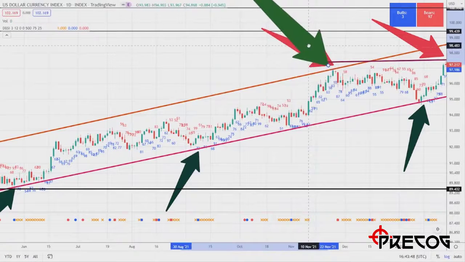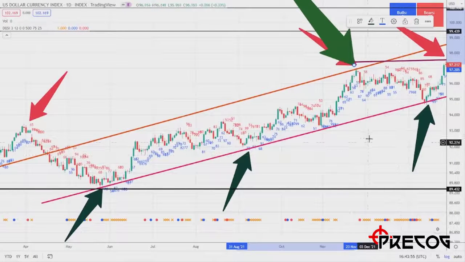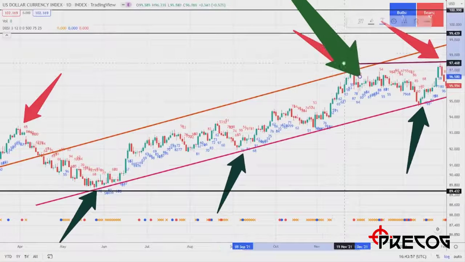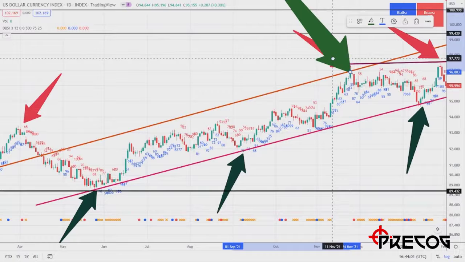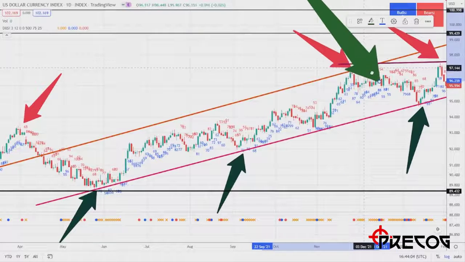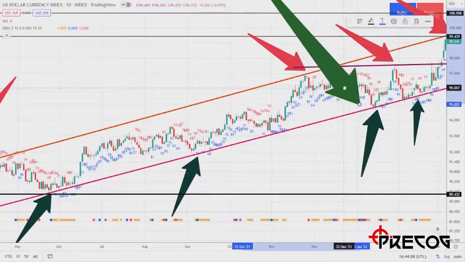Let's look at this one up here for bears. We now have a resistance. We're coming into an area of resistance, and we have a boom, red circle print showing bears have control, and look at price from that moment on. Coming right down into where? Support.